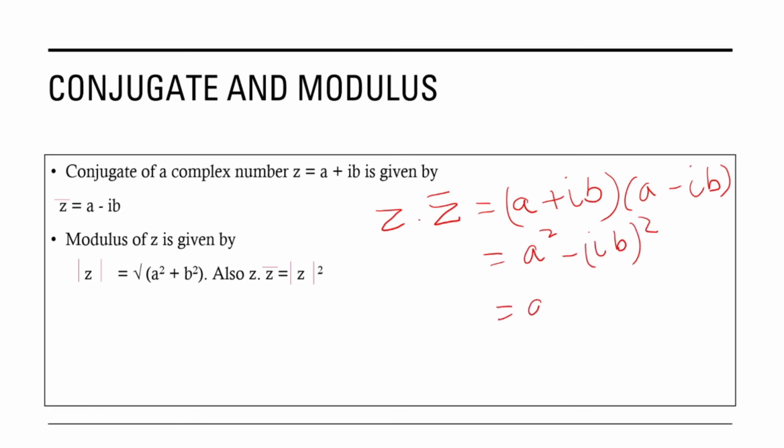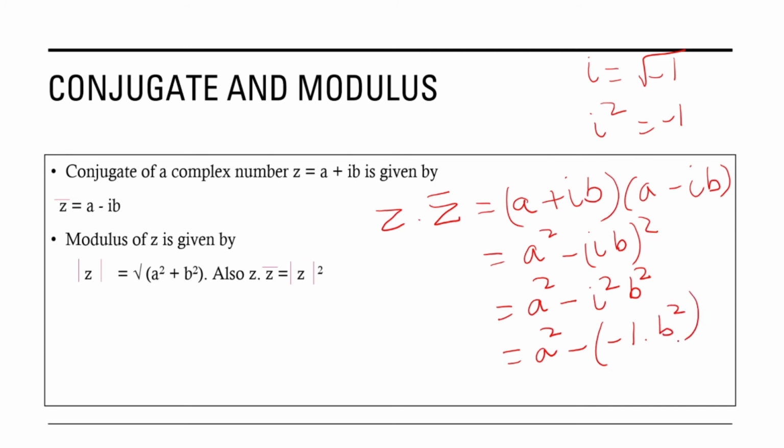So this is a square minus i square into b square. We already know that i is square root of minus 1 and i square is minus 1. So we are substituting here. We get a square minus of minus 1 into b square, which is equal to a square plus b square.